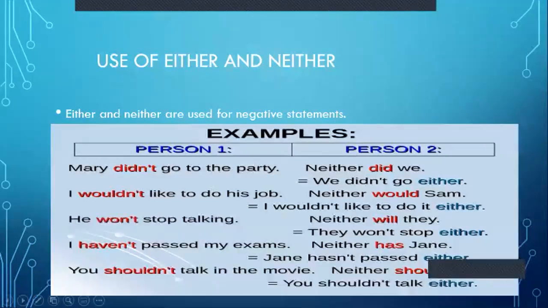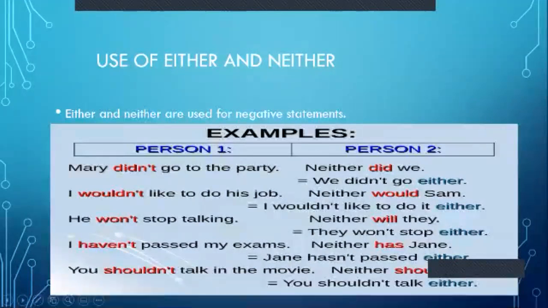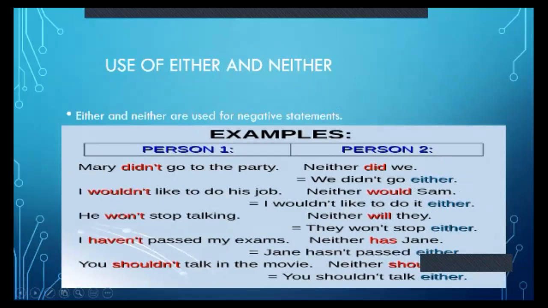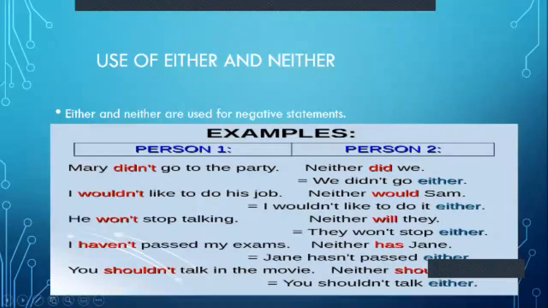"Wouldn't" shows that the statement is negative. He won't stop talking. So "won't" shows that the statement is negative. I haven't passed my exams. So "haven't" shows that the statement is negative. You shouldn't talk in the movie. So "shouldn't" shows that the statement is negative.